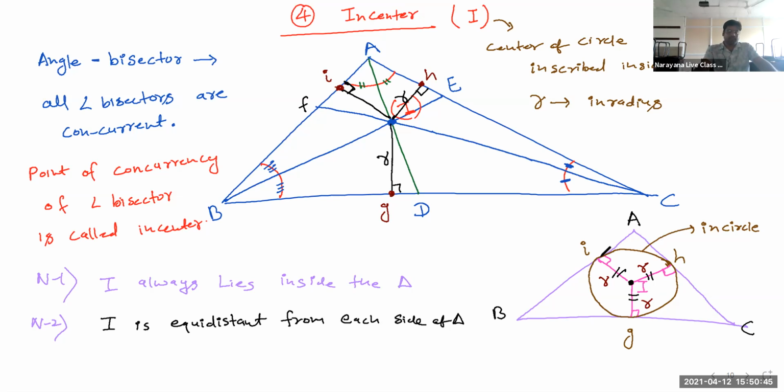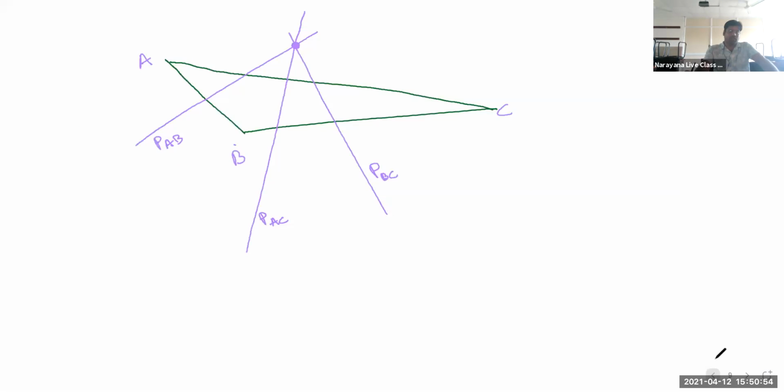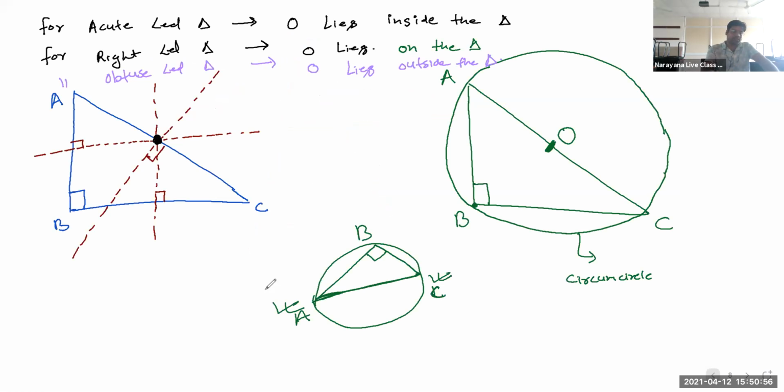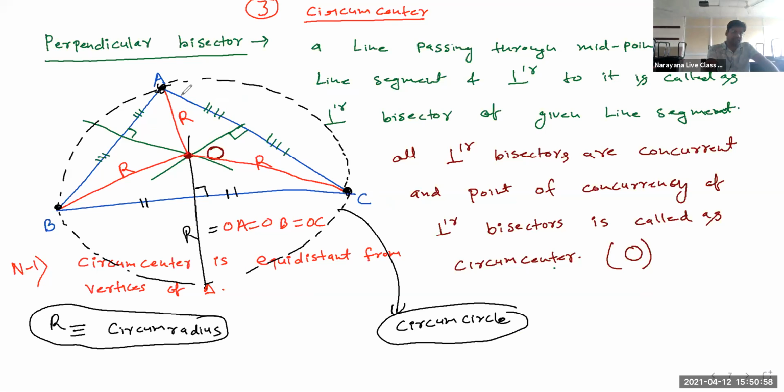That's why we can draw a circle inside the triangle, which is called the incircle, and a circle circumscribing the triangle ABC, taking O as the center, is called the circumcircle.